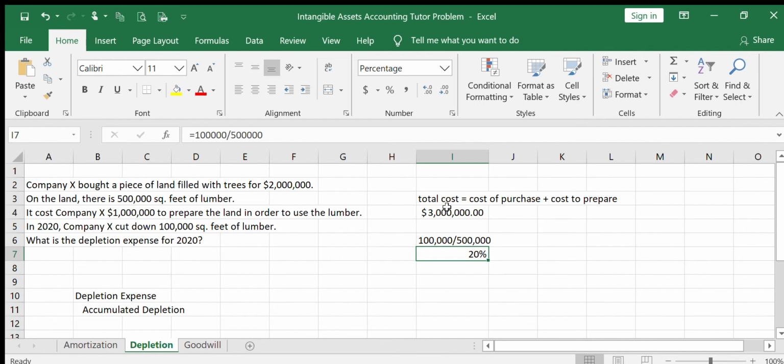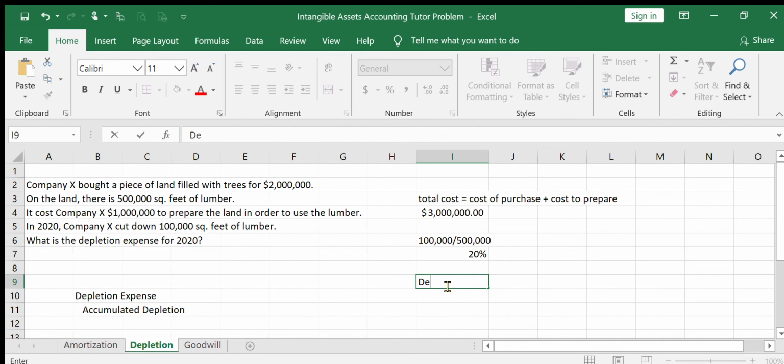So we had this cost of $3 million for this land and to prepare it, and we took 20% of the value off the land. So all we have to do to figure out the depletion expense is multiply the total cost times the percent lost off the land.